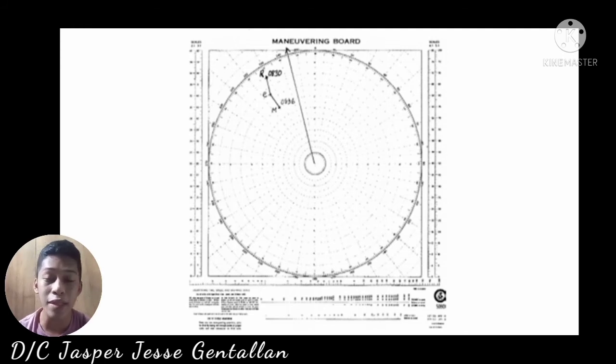So we will plot it in the maneuvering board. Now it is possible to finish the triangle and solve for the other vessel's course and speed by connecting E to M, which results in approximately the other vessel's course of 146 degrees and a speed of 16 knots.